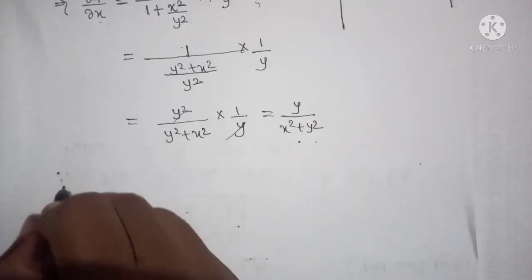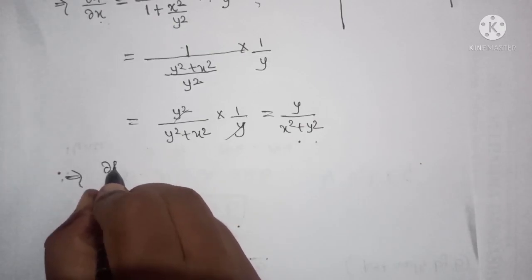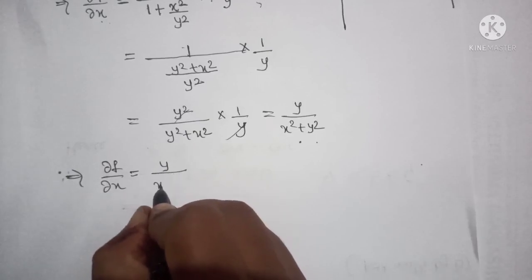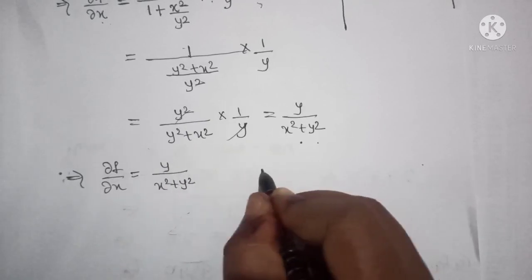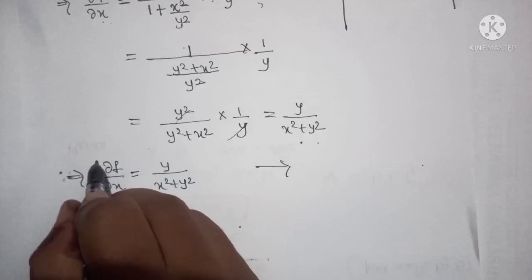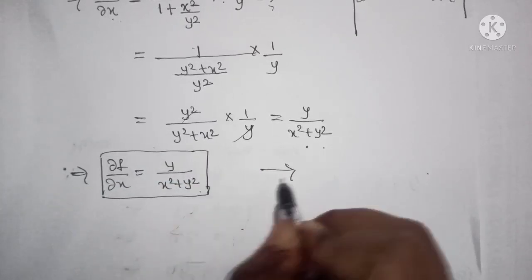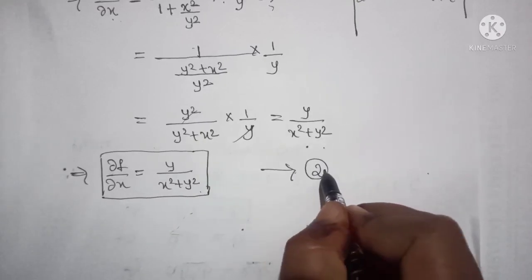So we got the ∂f/∂x value equal to y divided by x square plus y square. You may highlight this term by giving it a name, that is equation 2, right?